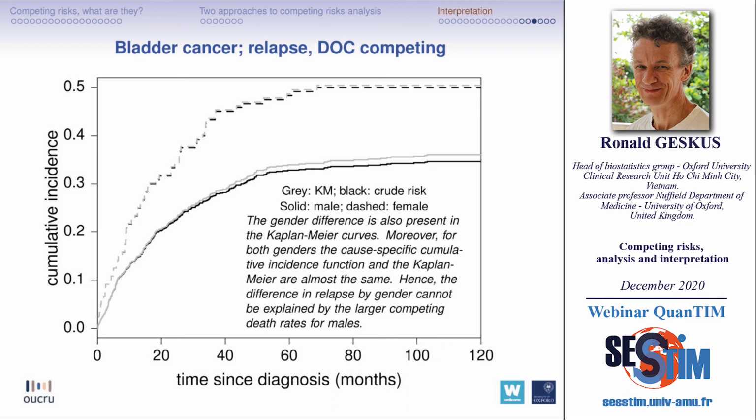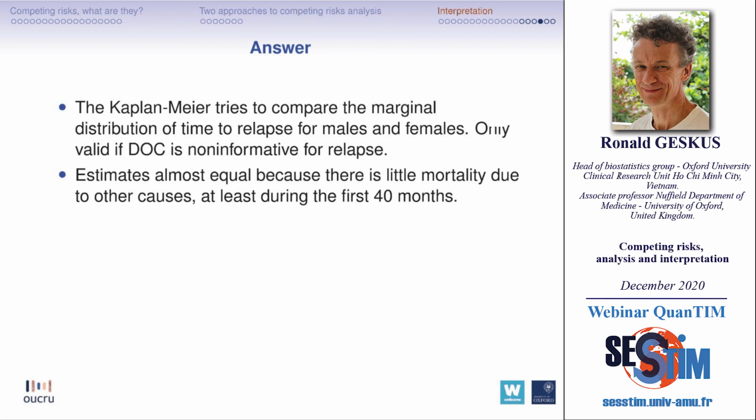I told you before, what does the Kaplan-Meier do? It tries to compare the marginal distribution. So it tries to estimate time to relapse for males and females, but it's only valid if death from other causes is completely unrelated to relapse. And that is a very strong assumption and it's unlikely to hold.